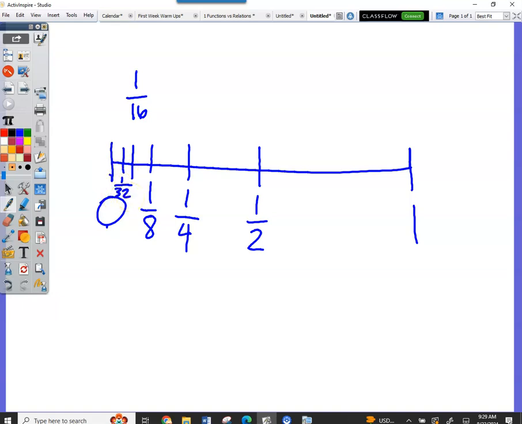What's halfway from 0 to 1/32? 1/64. Can we keep going? Yes. Will you always have an answer for me? Yeah, all you do is double the denominator. Will we ever get to a point where you're going to be like, I can't double that, there's no number after it? No, we'll never get there.